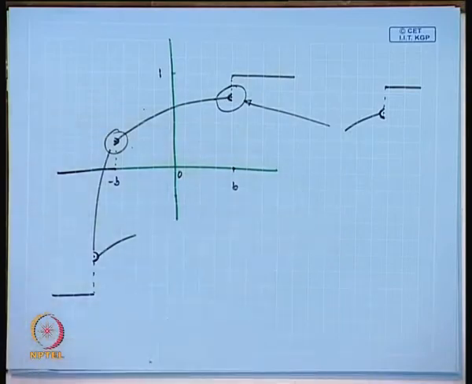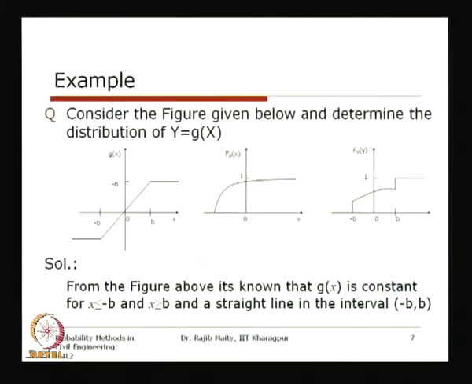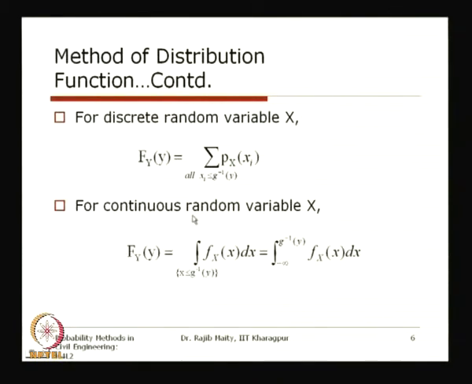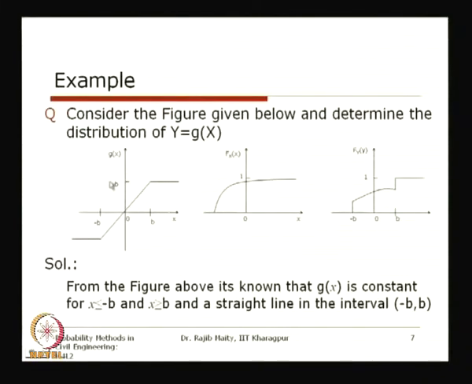I think this makes it clear. What we are trying to convey here is that when the rate of change of y becomes constant with respect to x, at that point we can observe a discontinuity in the cumulative distribution function of y, which is shown in this specific example.